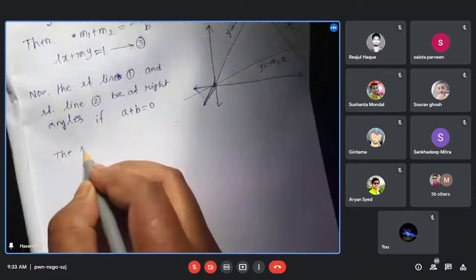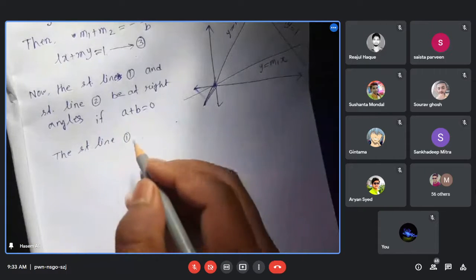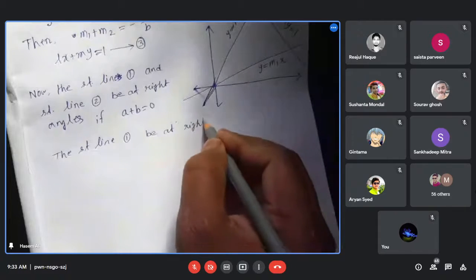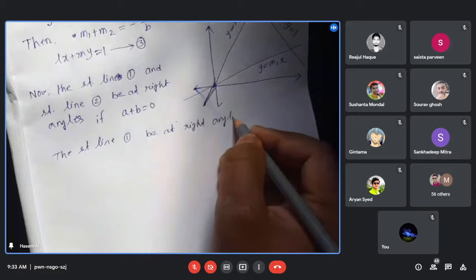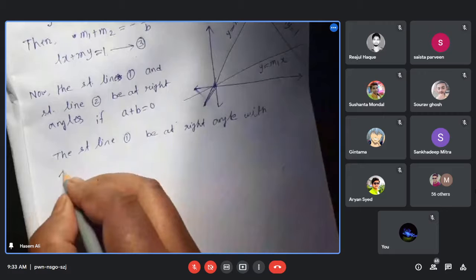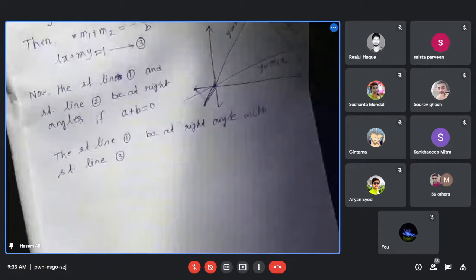Now, the straight line 1 is at right angle with straight line 3.